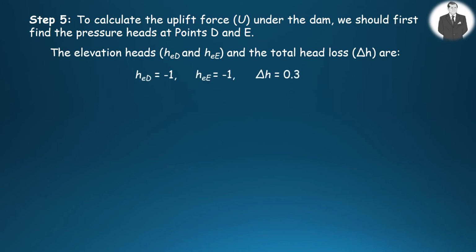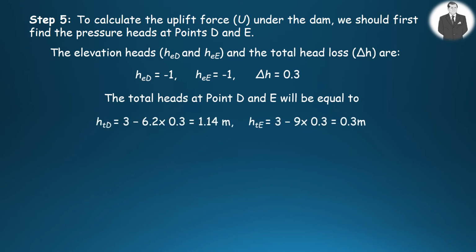The elevation head at point D is -1 and at point E is also -1 because they are below the datum chosen. And delta H is the head loss calculated before. Therefore, the total heads at point D and E will be 1.40 meter and 0.3 meter.